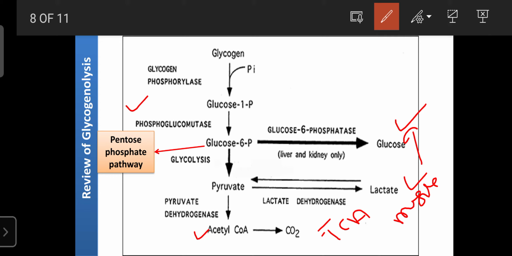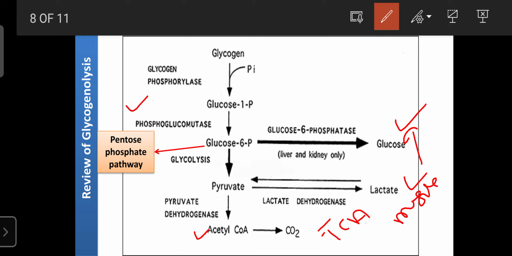Glucose 6 phosphate can go directly to glucose, or enter the TCA cycle, or enter the pentose phosphate pathway or HMP pathway. So this is the review of glycogenolysis, showing how glucose can be supplied continuously during starvation by the process known as glycogenolysis.